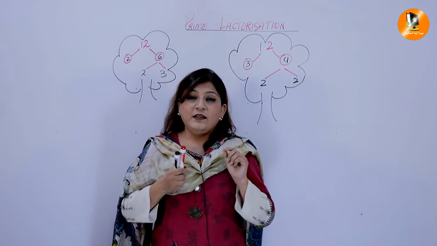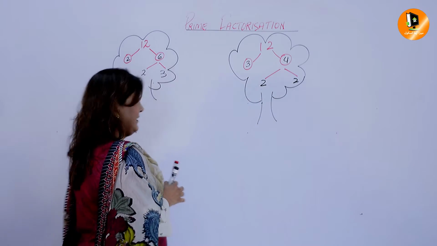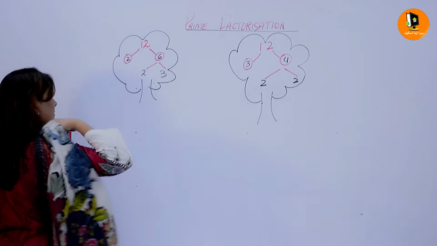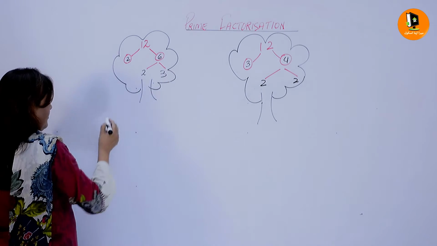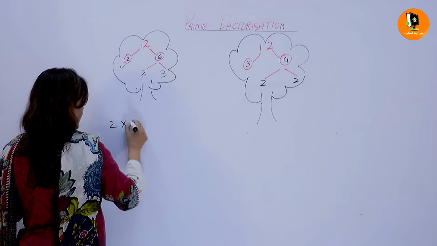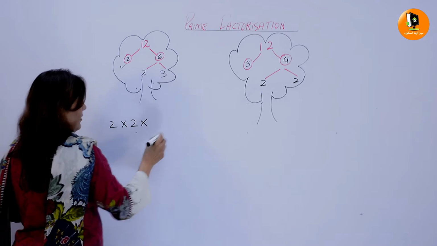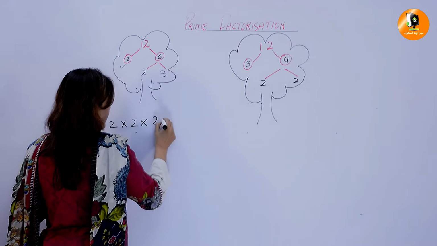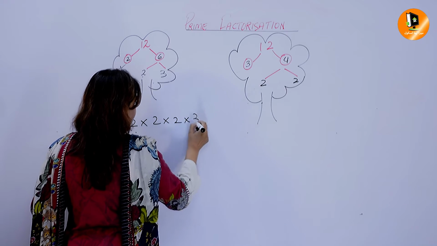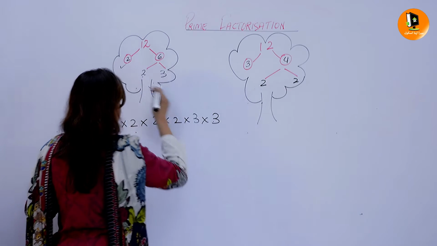Now, if we write all the factors of the numbers over here, what did we find? 2 into 2 into 2 into 2 into 3 into 3, right?